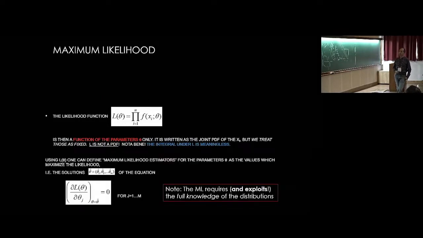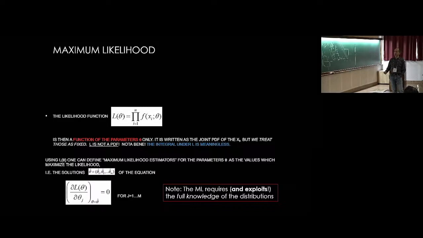When you have the likelihood function, you can define estimators which will do the job for you. They are the solutions, theta hat, of the equation that maximizes the likelihood. This is finding the extremum of the likelihood function as a function of each of the parameters. Again, when you have a problem of maximization or minimization, you take a derivative, right?